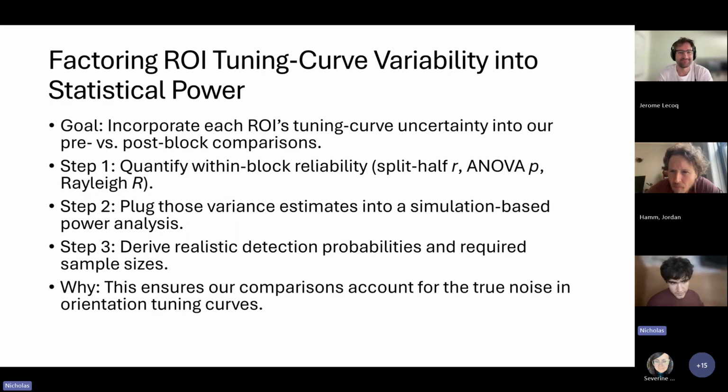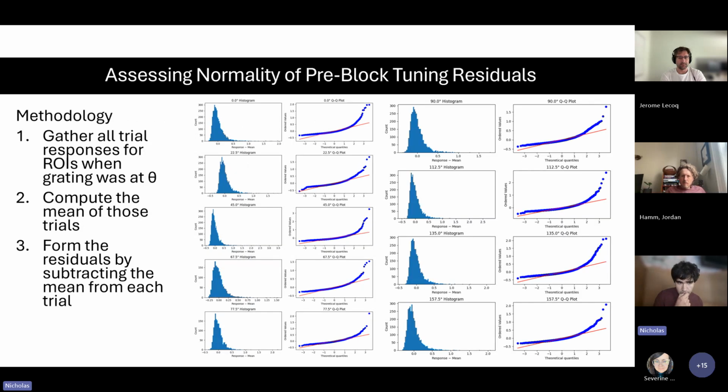So this is just an outline of the steps I've taken to approach that question, where I'll show figures. Maybe this will better describe what it is I'm talking about.